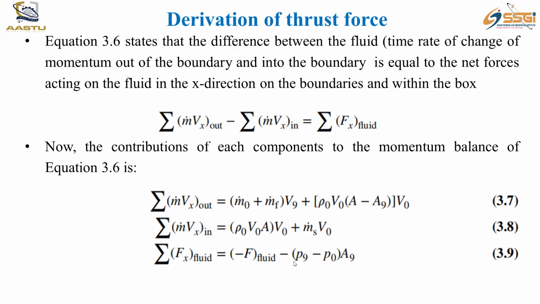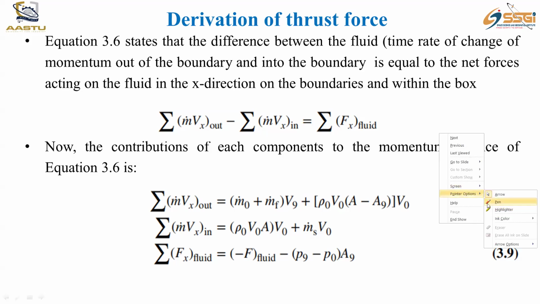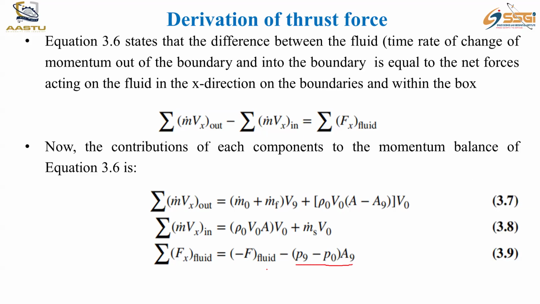So this is the pressure thrust component, which we have discussed before. So this component is the pressure thrust component, and this component is the momentum thrust component. So we will sum up these things together. So this is the inlet, outlet, out and in condition, and this is the net.